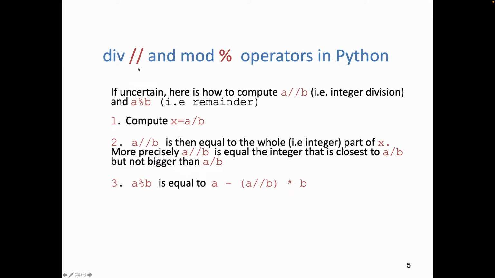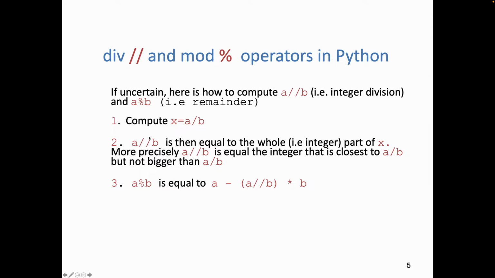So the first operator, the integer division. How to compute these 2 values? First is to compute the quotient of a divided by b. So a divided by b here is a single slash.